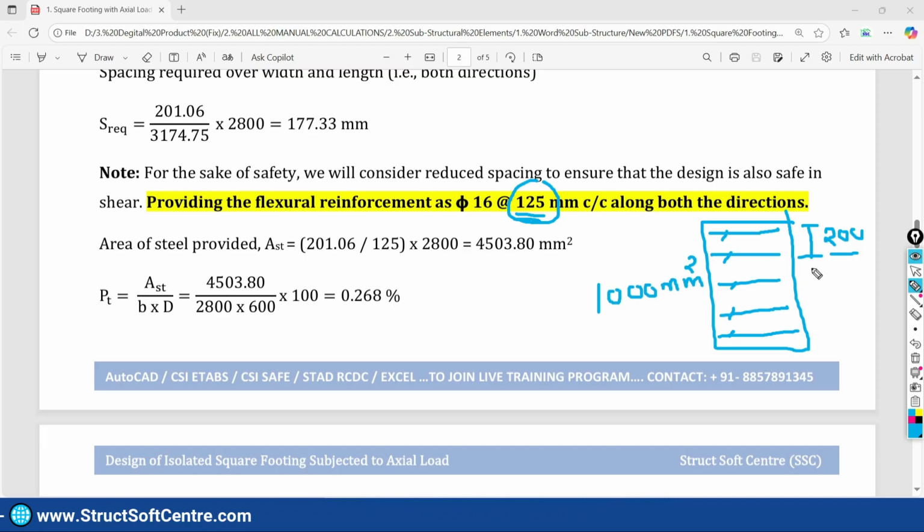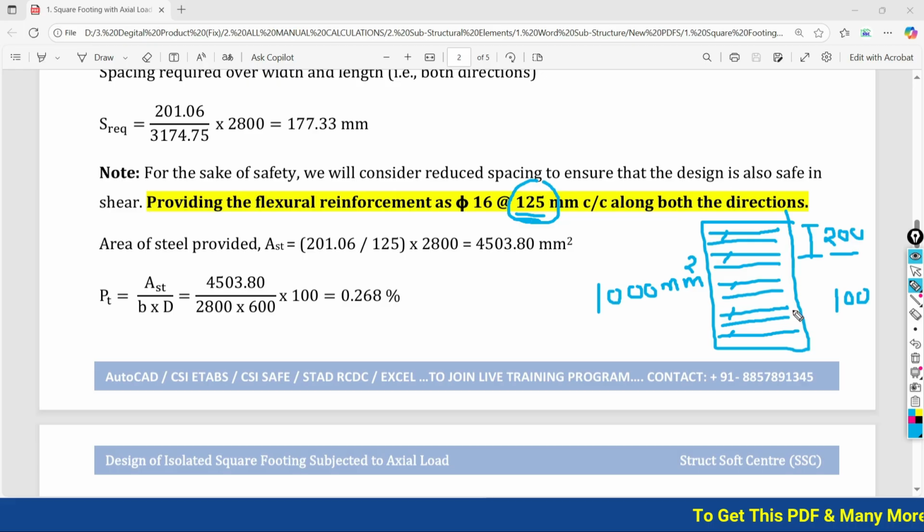Now what I am going to do, I am going to provide the spacing not as 200, but as 100 mm. So one more bar, one more bar, one more bar, one more bar everywhere. Now the spacing is going to become 100 mm, so more bars are going to be placed in this span.